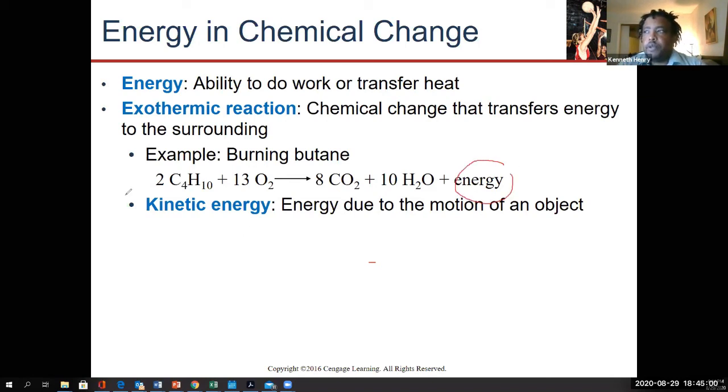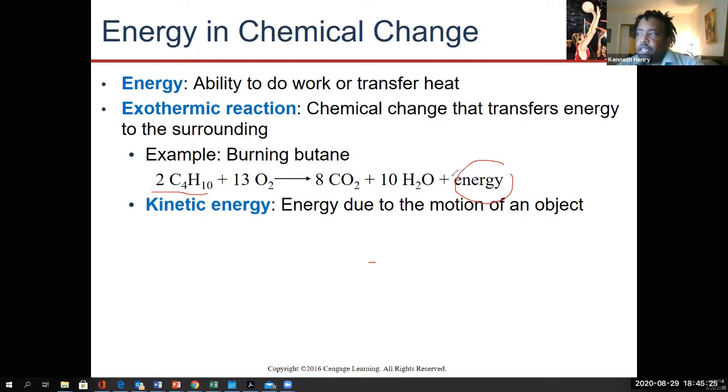So this is an example of butane burning. Butane is a natural gas that we commonly use to burn, right? So 2 molecules of butane plus 13 molecules of oxygen gas yields 8 molecules of carbon dioxide, 10 molecules of water, and energy, right?